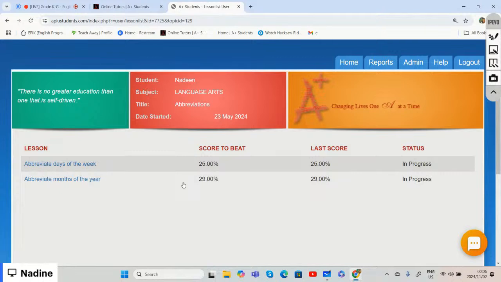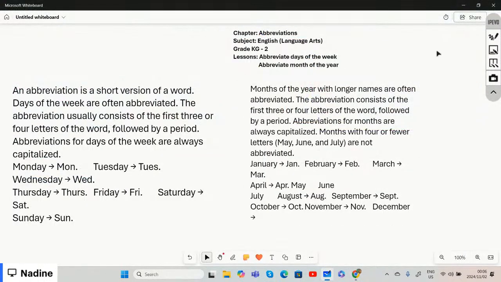So we're doing abbreviations, right? Our chapter is abbreviations, our subject is English language arts, and we're doing grade kindergarten to two, but the focus is mainly on grade two.